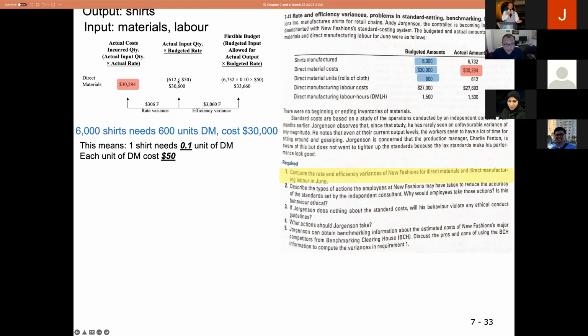But actually, you only used how many? 612, right? Instead of 673. So you are more efficient in using the materials, so you have a favorable efficiency variance. Okay, does this make sense?